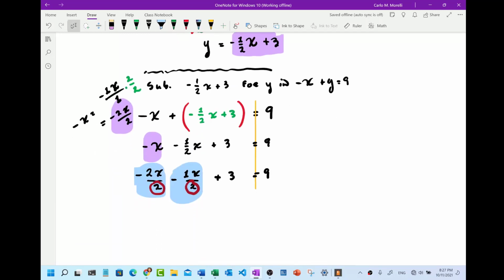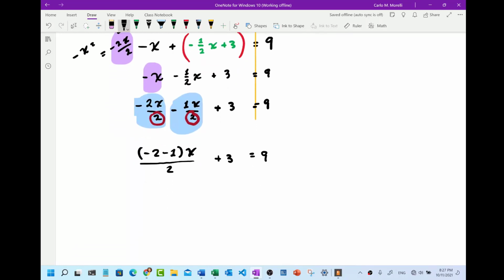So we're going to combine these terms. Negative 2x over 2 minus 1x over 2 is identical to saying negative 2 minus 1x over 2. Okay, so negative 2 minus 1 is negative 3. Plus 3 equals 9.